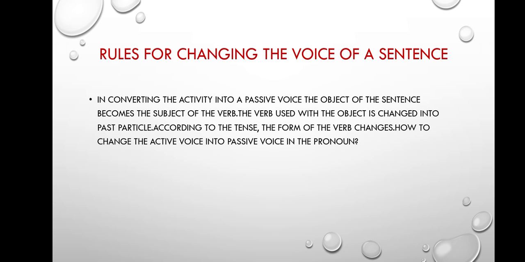So, what are the rules for changing the voice of a sentence? In converting active voice into passive voice, the object of the sentence becomes the subject of the verb. As said earlier, the object of active voice becomes the subject of passive voice. The verb used with the object is changed into past participle.